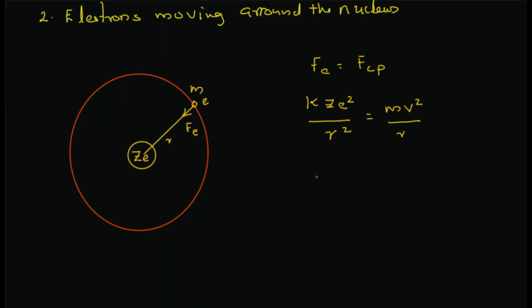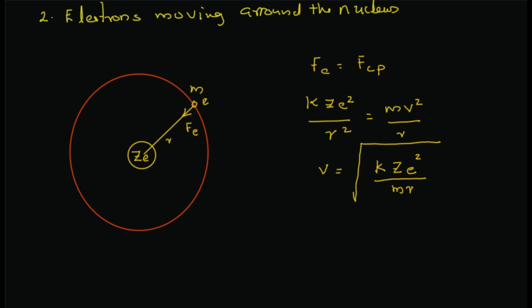If you simplify this, as in the earlier case, we'll get v is equal to, this is the tangential velocity, instead of G we will get k Z e squared over m, the mass of the electron, and R is the radius, and you put everything in a square root, you will get the tangential speed.